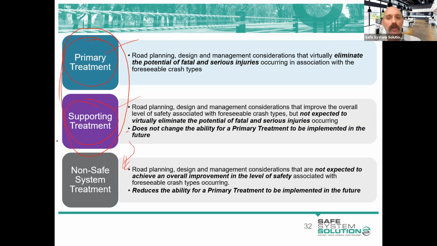So you might be thinking of suggesting the installation of sealed shoulders, or adding sealed shoulders to this project, and you go, well, that's going to be a really great thing for road safety, and you could look it up in that Austroads guide, and you discover, well, it is a good thing for road safety, but it's a supporting treatment. We know that even those sealed shoulders are not going to virtually eliminate death and serious injury; they will reduce it.